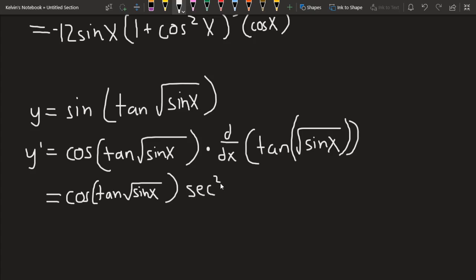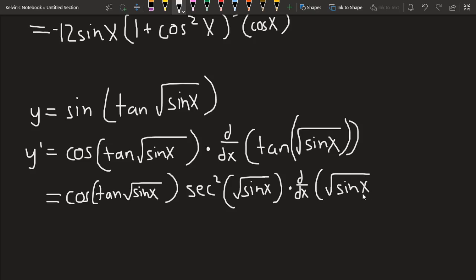So secant squared, and then we'd write the inside, root sine of x, and then now we'd have to find the derivative of root sine x. So let's write that in, dx root sine of x, like so.